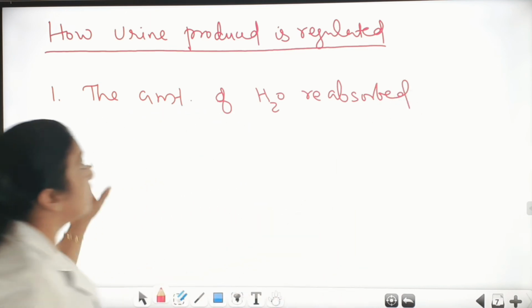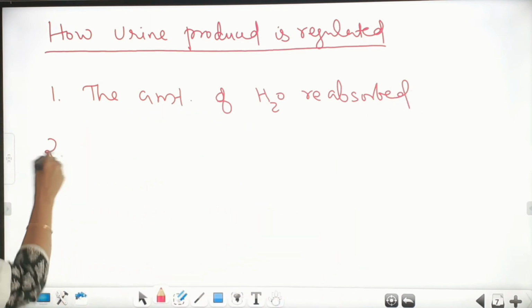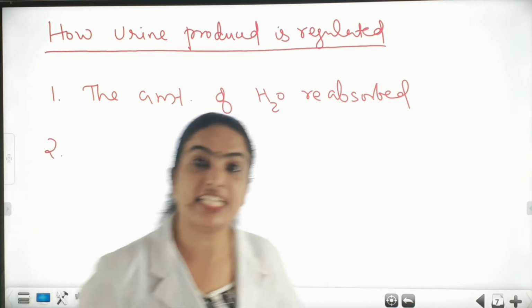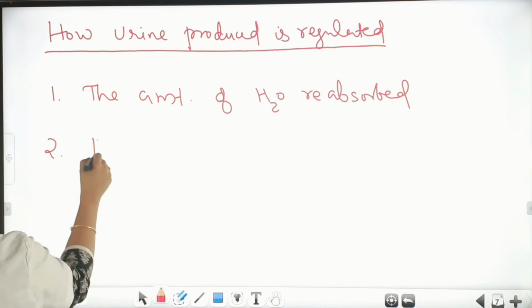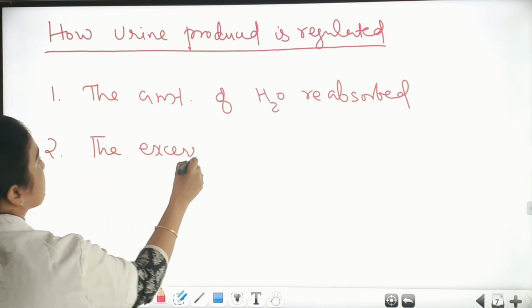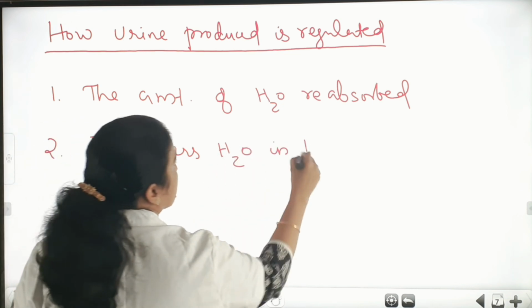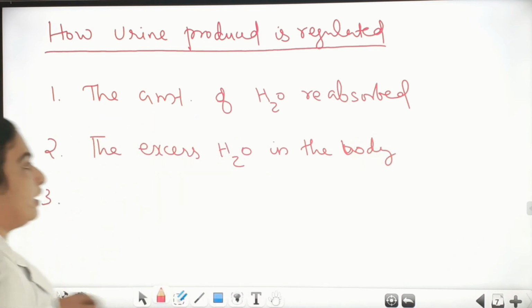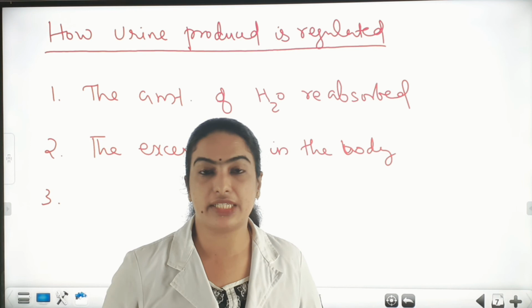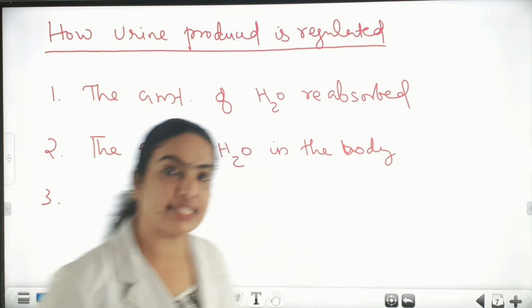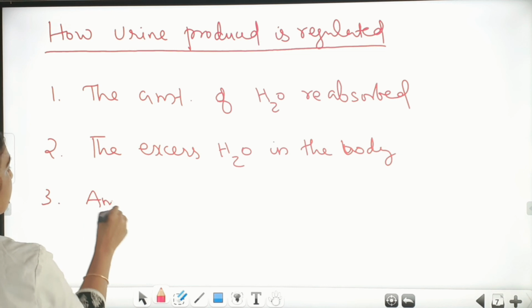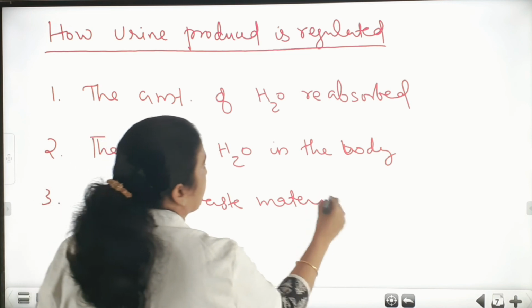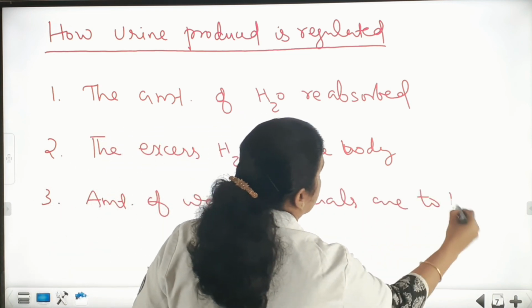Okay. And this also depends on how much excess water is there. It depends on the excess water in the body. And it also depends on the amount of excretory waste, or the amount of waste materials that are to be excreted.